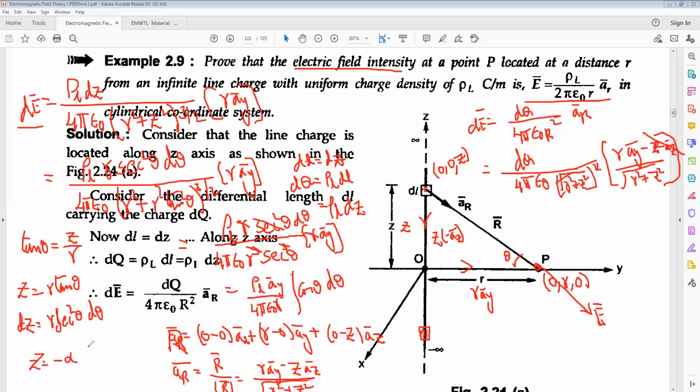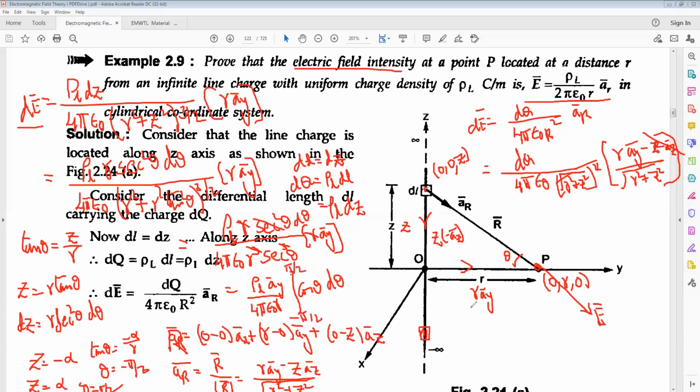When z is equal to minus infinity, tan theta is equal to z by r, minus infinity by r. Theta is equal to tan inverse of minus infinity, that is nothing but minus pi by 2. And when z is equal to plus infinity, theta is equal to pi by 2. So we take the limits minus pi by 2 to pi by 2.